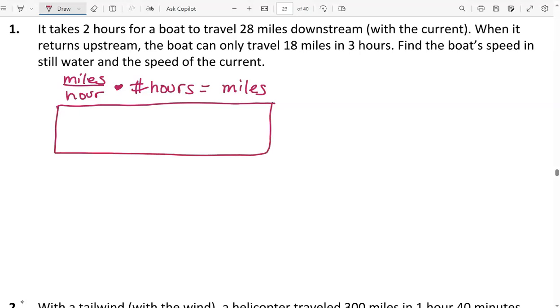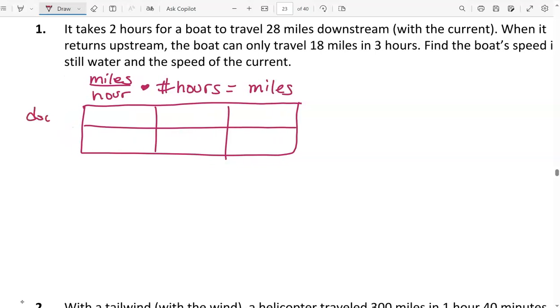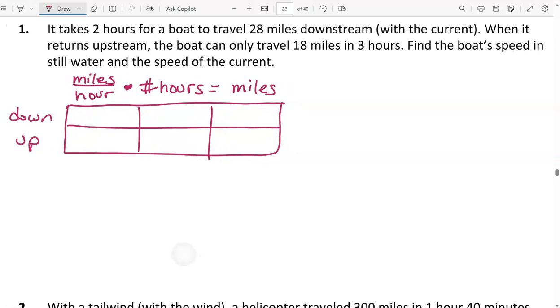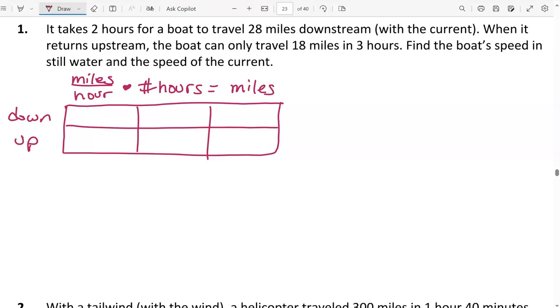Organizing this information into a 3-column chart with 2 rows, we have a trip downstream, and then we have a trip back upstream. So the thing that we need to remember is that our rate of the boat in still water is not actually how fast the boat is going to travel.